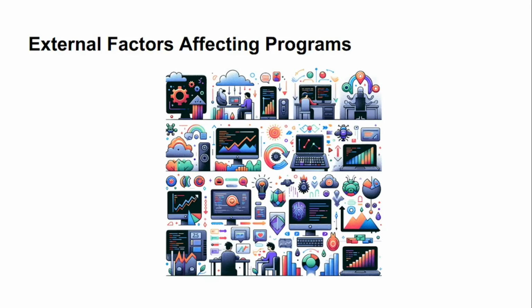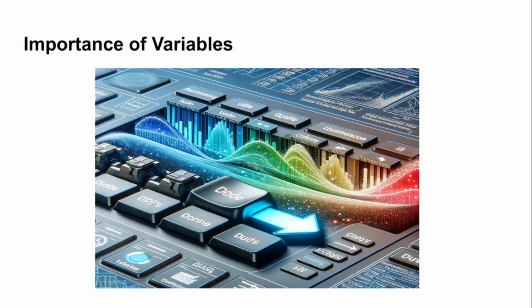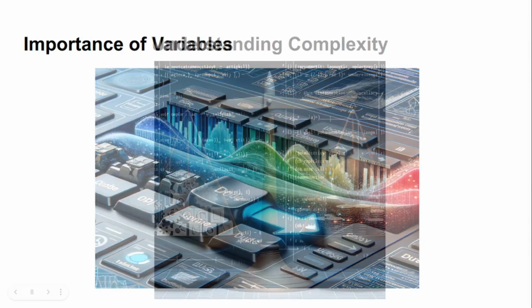These factors are not constant and can significantly impact the speed and efficiency of the program. For instance, the same algorithm might run faster in one programming language than another, or perform differently on a high-end server versus a personal laptop. These external factors introduce variability that makes it hard to predict a program's performance solely based on the algorithm's complexity.